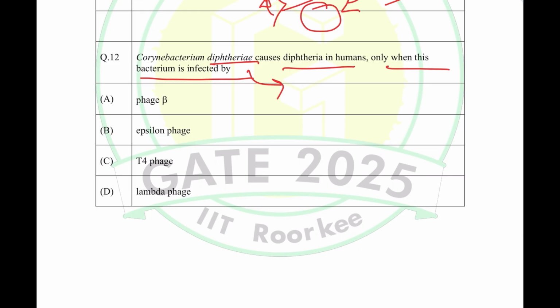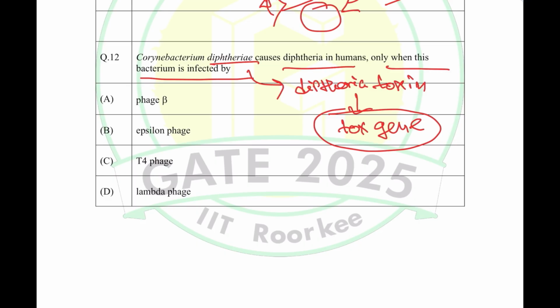The toxin responsible for diphtheria is called diphtheria toxin. Please keep a pen and paper with you to make notes, which is going to help you further. And the toxin is encoded by the tox gene.